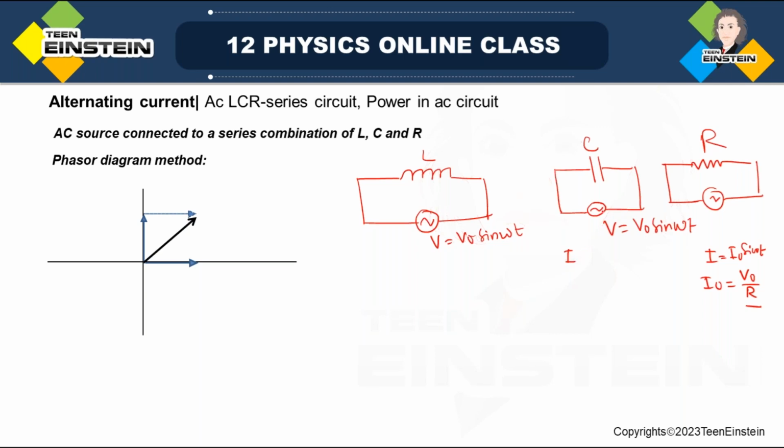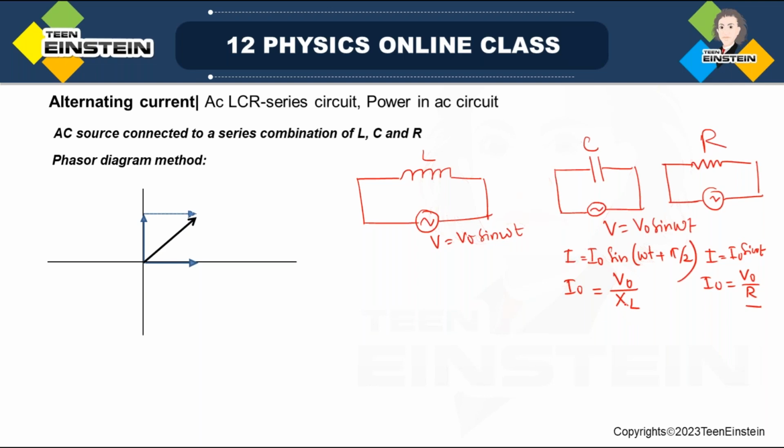In case of capacitor, current will be leading by pi by 2. So in a purely capacitive circuit, this is sine omega t plus pi by 2, and the magnitude of this current was V0 by 1 over omega C, that is XC, if you remember.